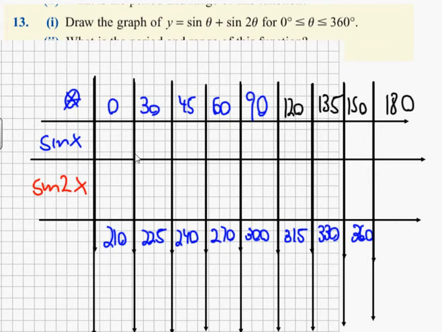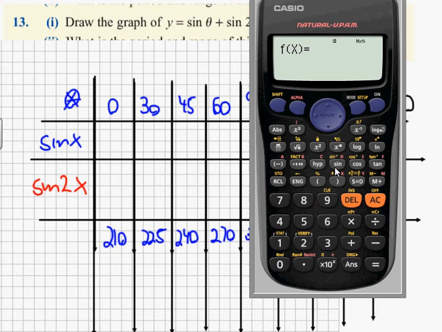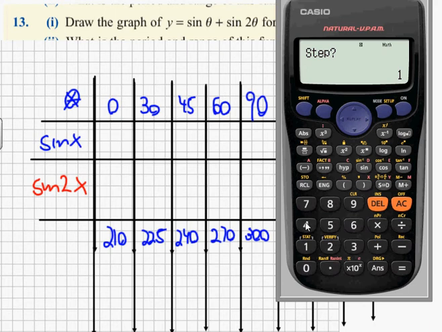So f of x equals sin x. Start at 0, end at 360, and go up in gaps of 15.